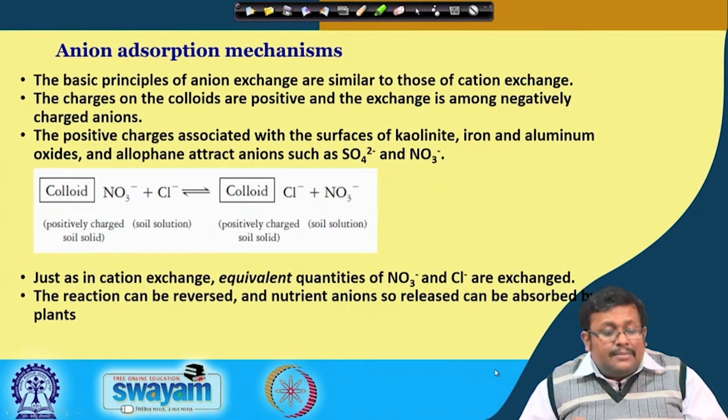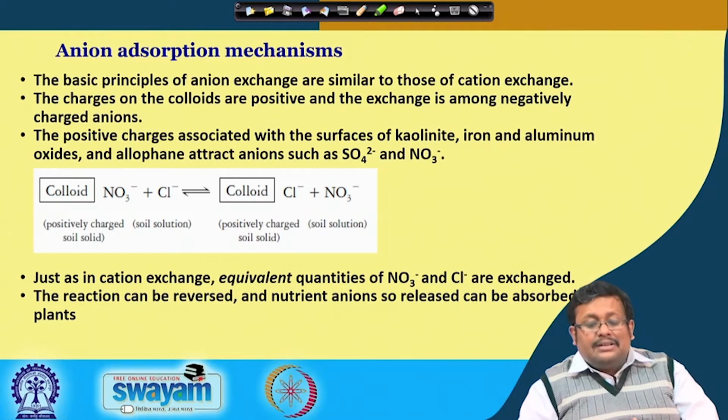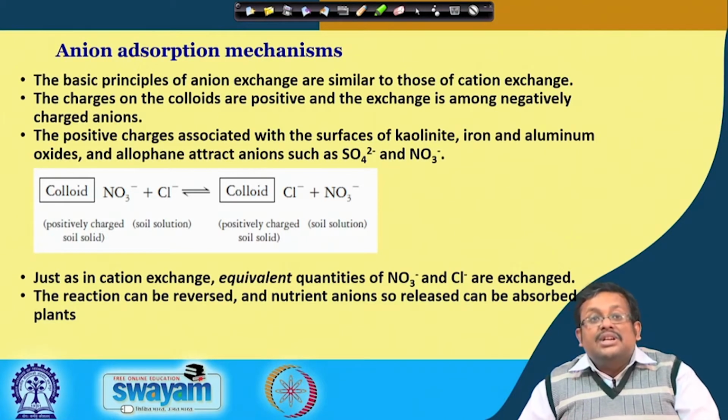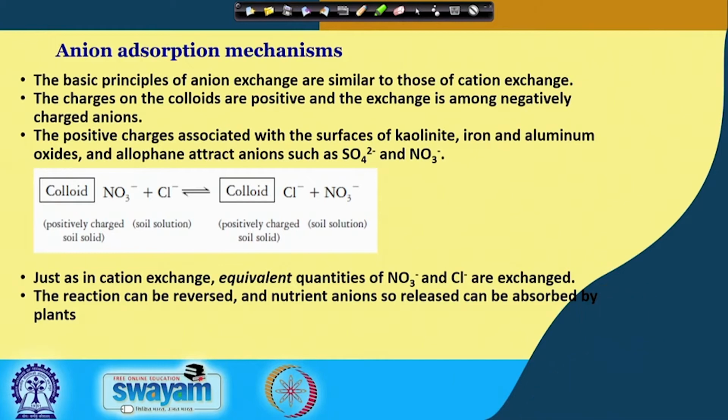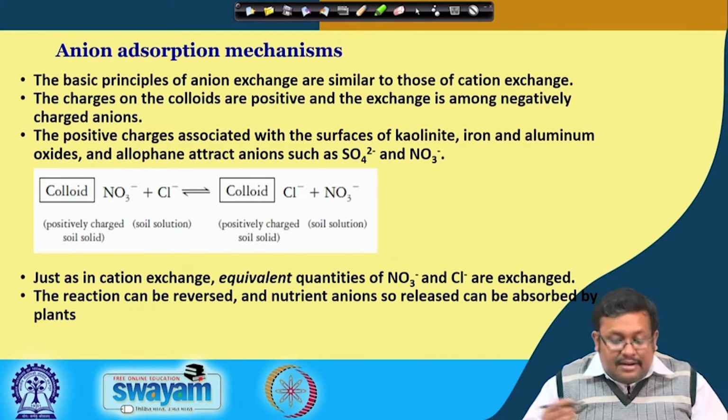In the anion adsorption mechanism, the basic principle of anion exchange is similar to that of cation exchange, but the charge on the colloids is positive and the exchange is among negatively charged anions. The positive charge develops due to pH-dependent charge, and is associated with the surfaces of kaolinite, iron and aluminum oxides, and allophane, and attracts anions such as sulfate and nitrate.